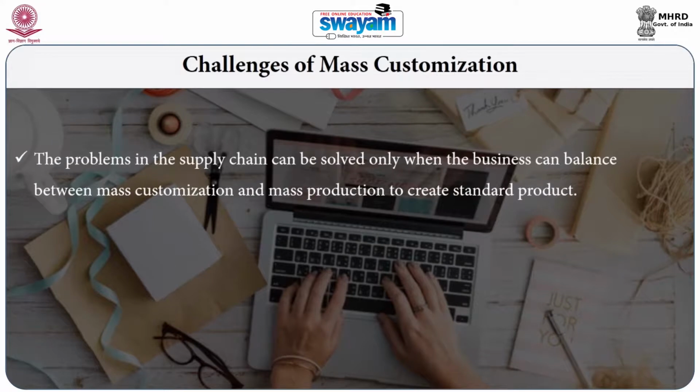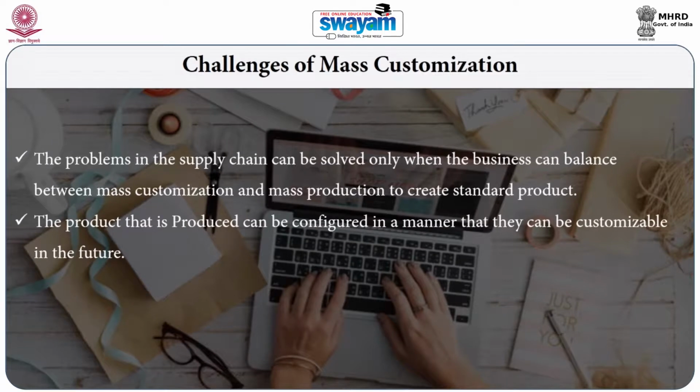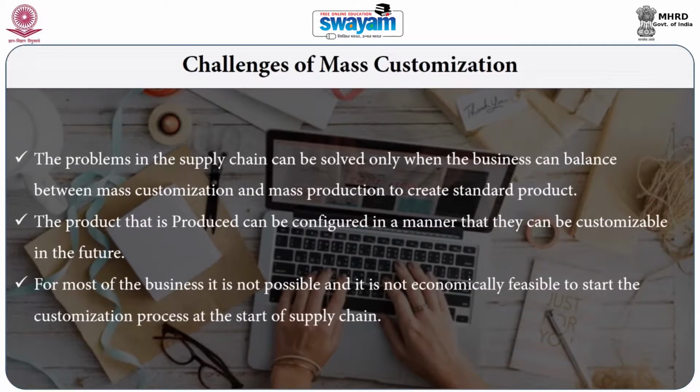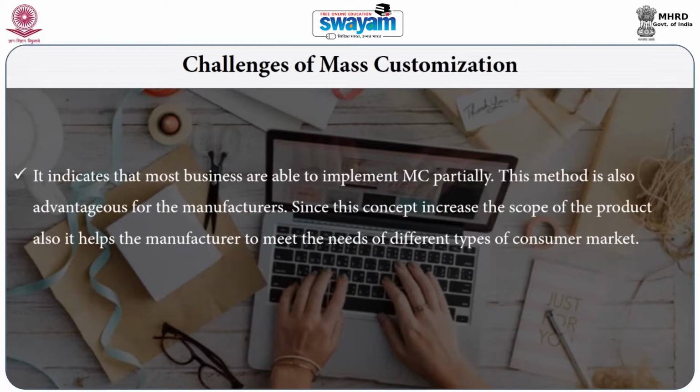The problem in the supply chain can be solved only when the business can balance between mass customization and mass production to create a standard product. The product that is produced can be configured in a manner that it can be customizable in the future. For most businesses, it is not economically feasible to start the customization process at the start of the supply chain. It indicates that businesses are able to implement mass customization partially.